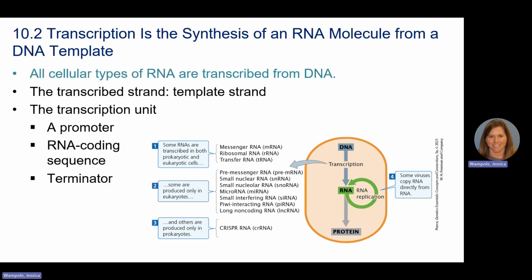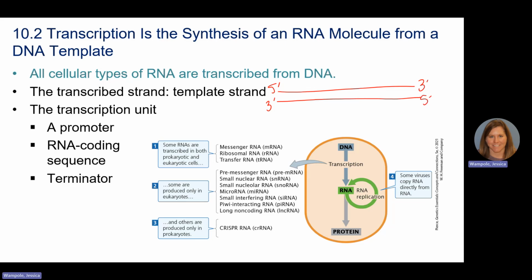We are mostly going to focus on the production of messenger RNA. So that's what we're going to be talking about. But again, all those other types of RNA are produced the same way. So we're going to start with our double-stranded DNA. We've got our double-stranded DNA. And remember that our DNA runs anti-parallel.